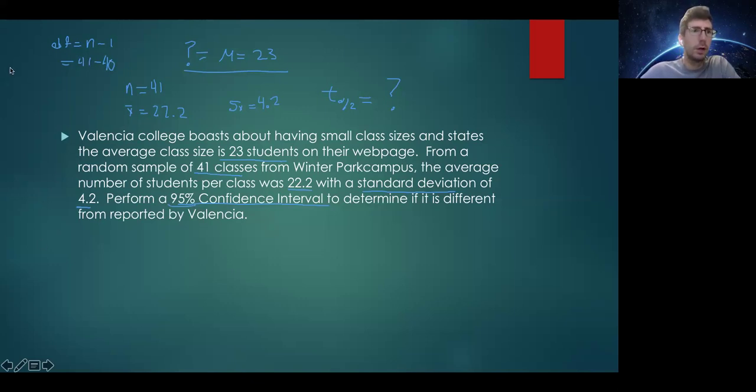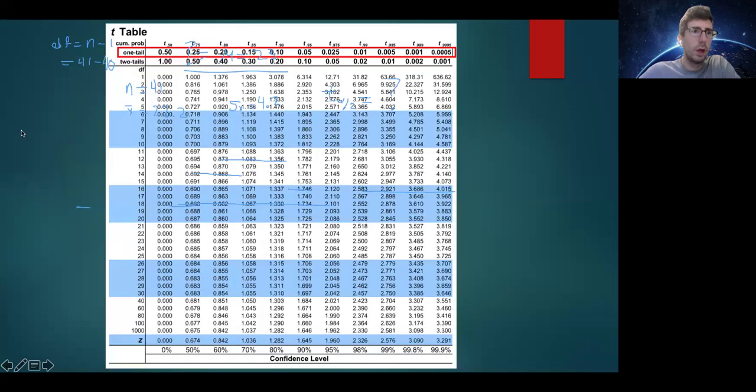So if we go back one slide, we can go down our rows of degrees of freedom until we find 40 right here.